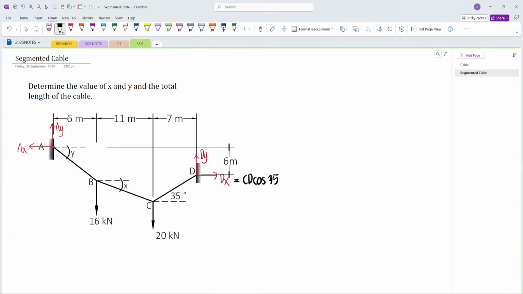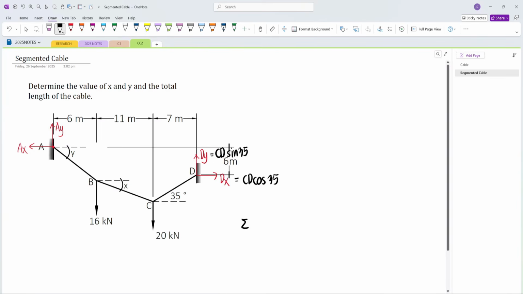Ayan. Then, yung DY naman is alam natin na this is equivalent to the vertical component of CD. Magiging, CD sine 35. So, notice na isa na lang yung unknown natin, CD. So, we can take moments about point A to determine the value of CD.